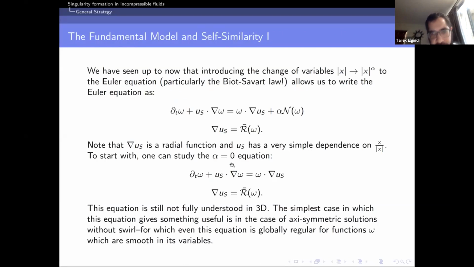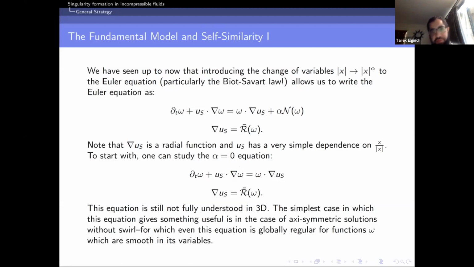Basically, the way you think about it is that if omega is a function of x to the alpha, then it's slowly varying in the radial direction. So when a gradient hits the x to the alpha part, for example in the transport term, you should get a small constant in the front.